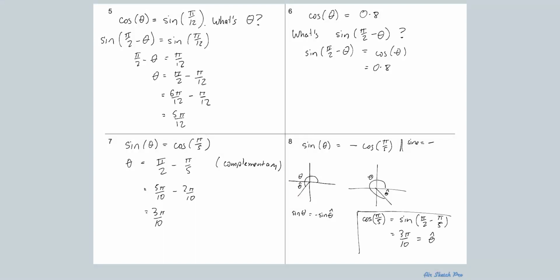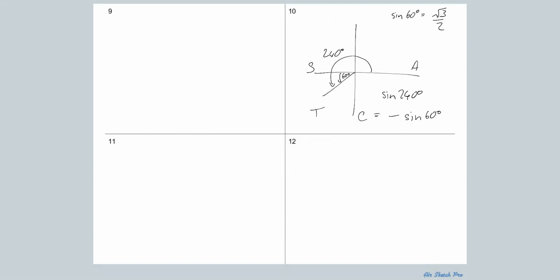Now, frustratingly, we have to go to the next page, so let me just do the verbal, then I'll flick pages. This is the acute angle I've worked out, 3 pi on 10, which means that theta has to be pi, 180, plus this little angle here, or it has to be 2 pi minus this acute angle. I'm sorry I have to flick over, but there's not much I can do about it.